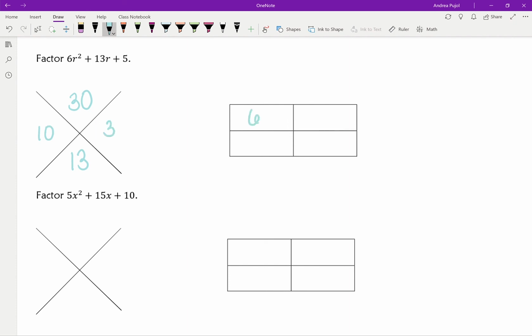And so I'll fill in my box: 6r squared, 5, 10r, and 3r, and then go ahead with my greatest common factor. So we have 3r here, a 5 here, 2r, and 1. And so my answer is 3r plus 5 times 2r plus 1.